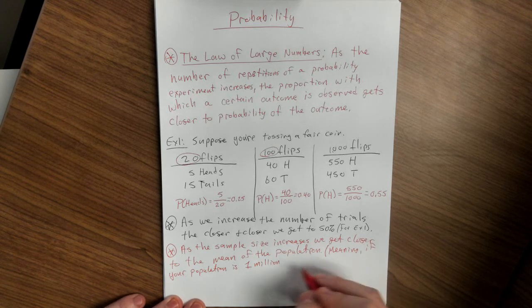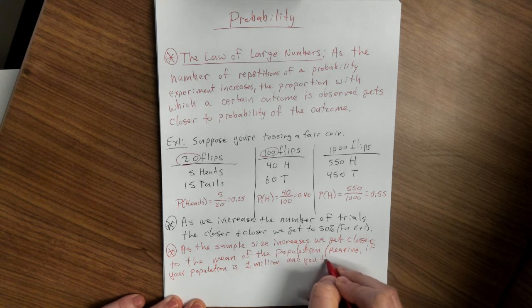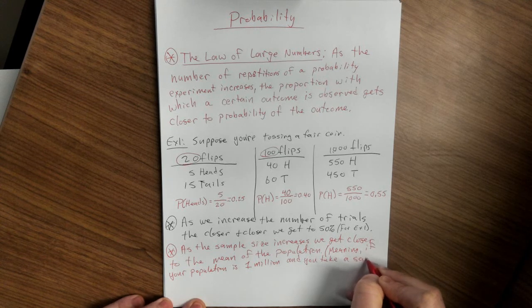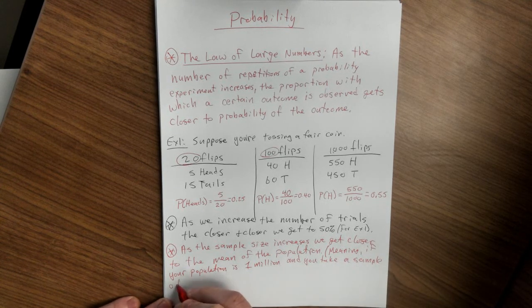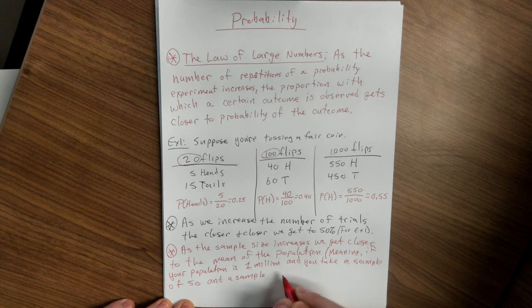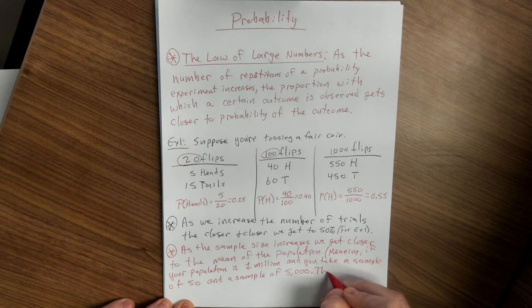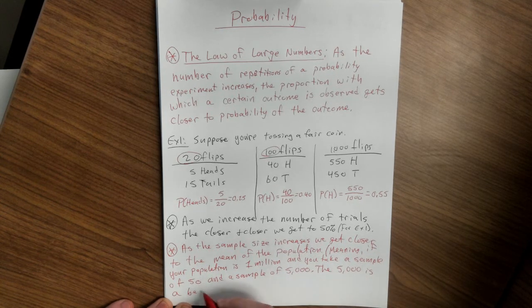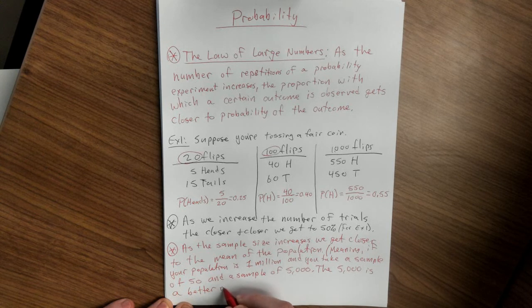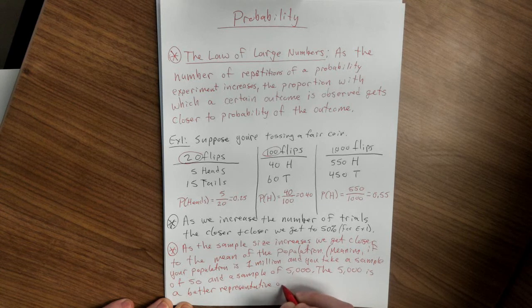Meaning, if your population is 1 million and you take a sample of 50 and a sample of 5,000, the 5,000 is a better representative of the population.